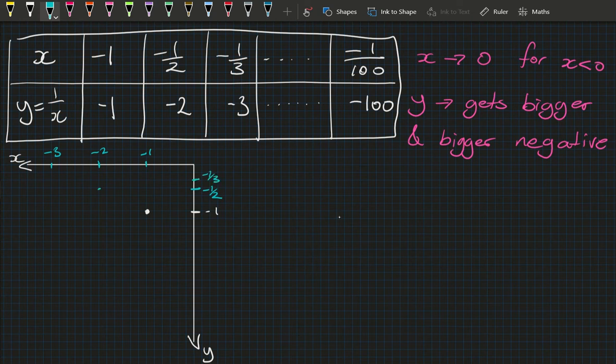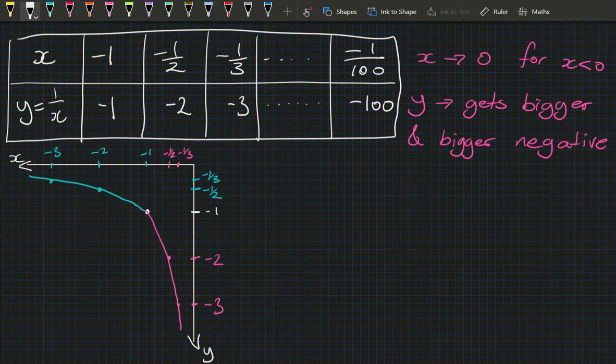So I'll mark in those points and draw that curve smoothly. Well, attempt to. Alright, and similarly, when x is -1/2 and -1/3, it's related to y is equal to -2 and -3 respectively. Alright, let's mark in those points and draw this curve as smoothly as possible. It's probably as good as I'm going to get.